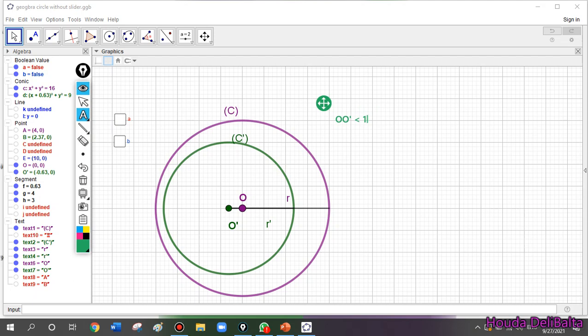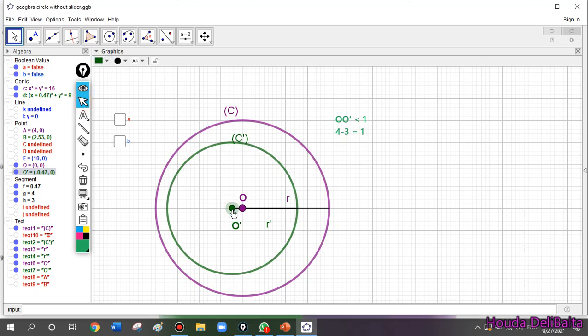What is 1? 1 is the difference between the radii. Of course, we put the large radius minus the small radius. The large radius R is 4, and the small radius R prime measures 3. Their difference is 1. We notice here that O and O prime are less than 1 centimeter apart.